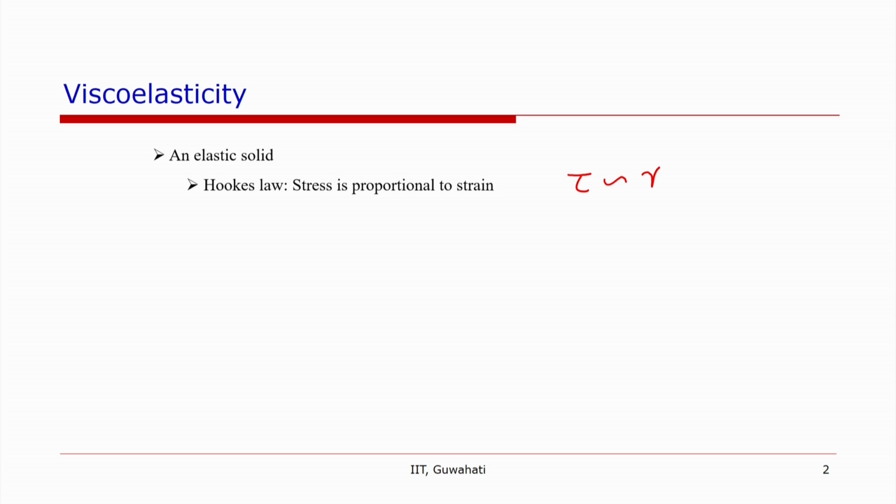For an elastic solid the stress is proportional to strain, and that is what is called Hooke's law. When it becomes an equality, tau is equal to G gamma, where G is called Young's modulus.